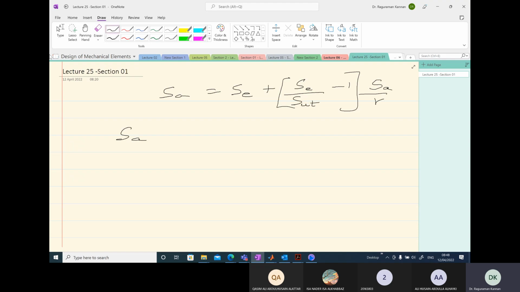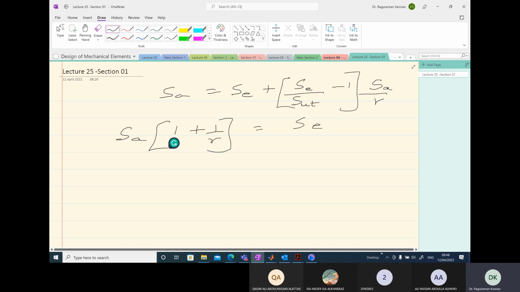If I do that, I'm going to get 1 plus 1 over R. The right hand side I will have SE times 1 plus, let's say 1 over, if I take SE commonly out, we have, no, actually I think I wrote it wrongly, since we have SA over R here multiplied.